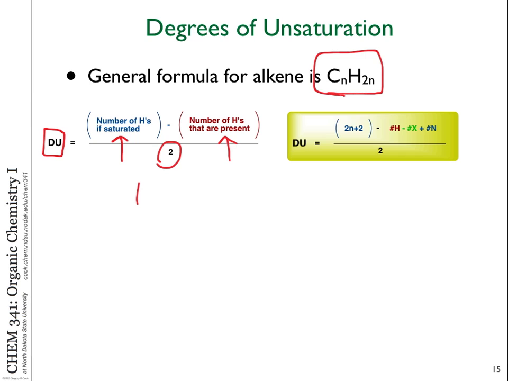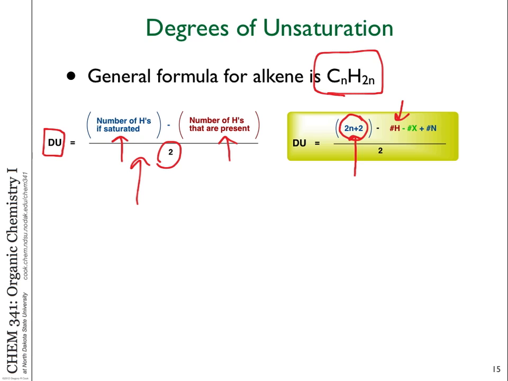So that's the generality of the formula. Here is more specific: 2n+2, where n is the number of carbons. That's the formula for a saturated alkane, right? So that would be the blue part of that equation. Minus the number of hydrogens that are actually present in your molecule.